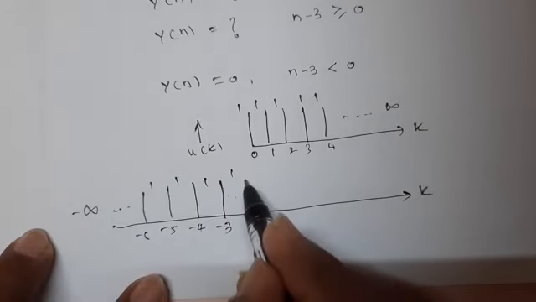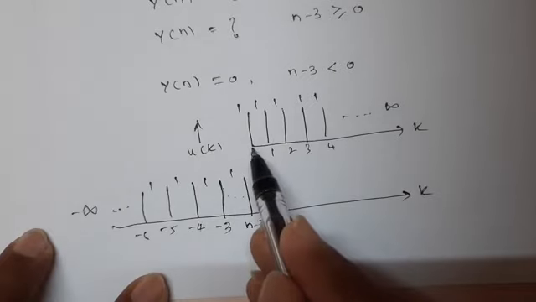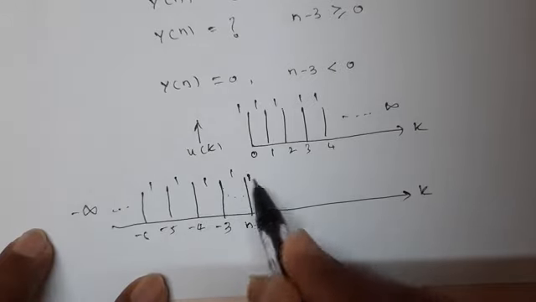So n minus 3, which is less than 0, with an amplitude 1.